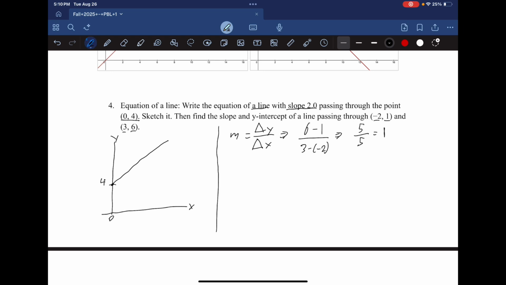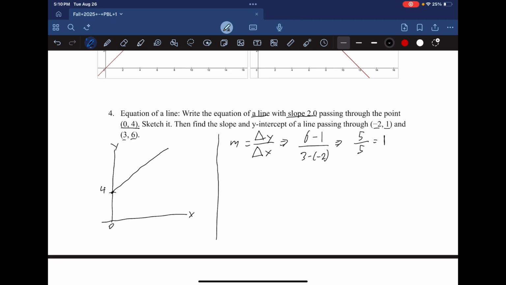The intercept here is going to be whenever x is equal to 0. The way that I always find the y-intercept is you use your slope-intercept equation, which is y equals mx plus b, where y and x are coordinates and m is the slope that we've already found.